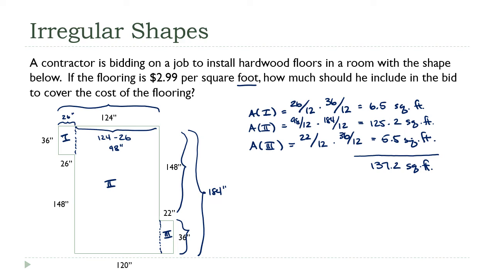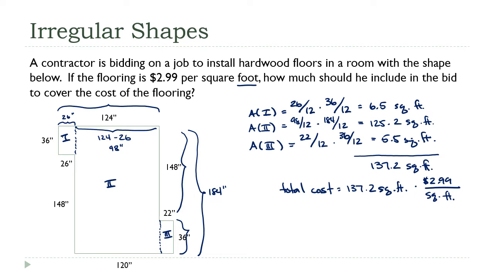Now, that's not the answer, right? We'll go back to the question. The question didn't say how many square feet is this thing. It said, how much is the total cost? Well, I know that each square foot costs $2.99. So the total cost will be 137.2 square feet times $2.99 per square foot.